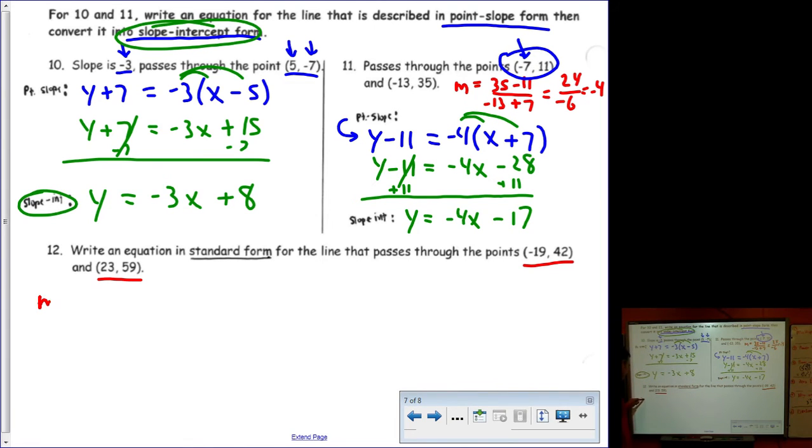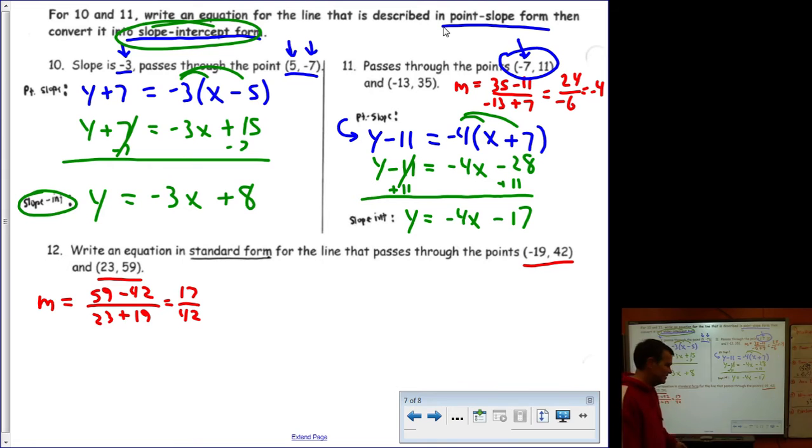So first I'm going to calculate the slope, which is y minus y over x minus x. And 59 minus 42 is 17. And 23 plus 19 is 42. My slope is 17 over 42. I might need a calculator for this one.